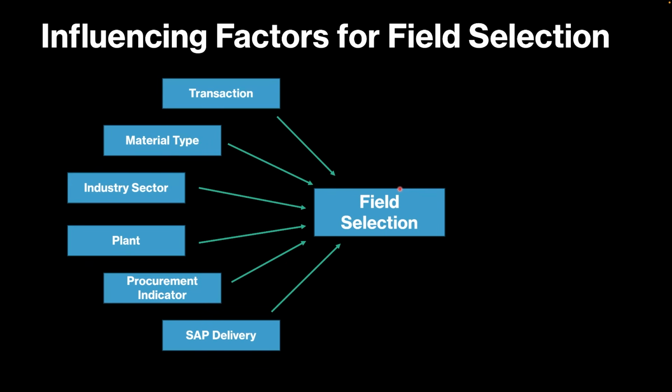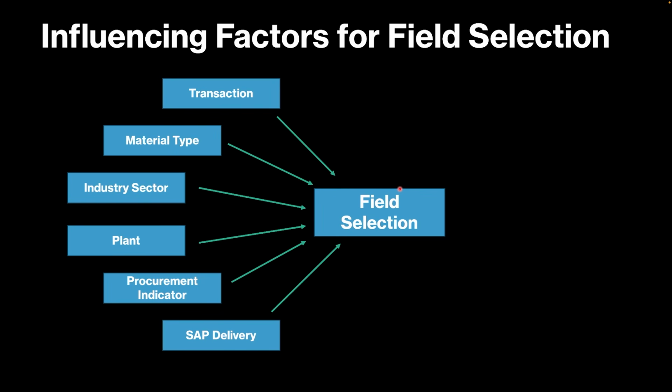Okay. Now let's understand what all influencing factors are there for field selection. So we have understood that you can do field selection for field selection groups, but what all influencing factors have been provided by SAP based on which you can do this field selection. So you can see here on the screen, there are basically 6 influencing factors through which you can do this particular field selection.